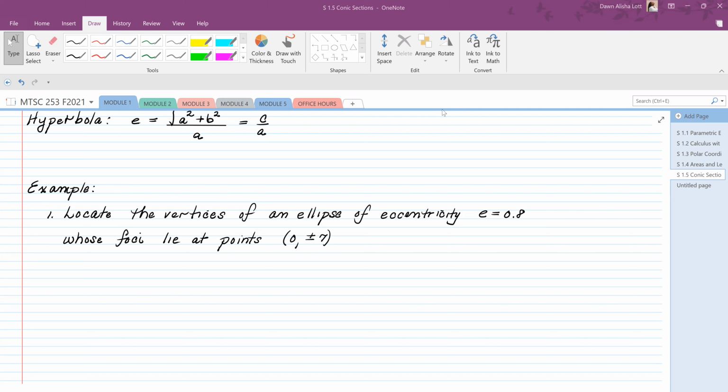Okay, all right. So if you remember when we talked about an ellipse, the foci are on the major axis. So for this problem, the foci are at (0, plus or minus 7).